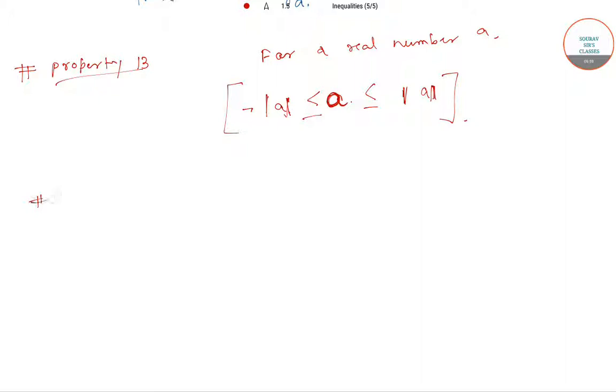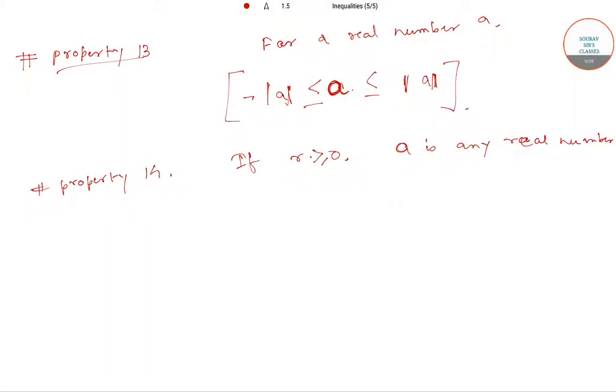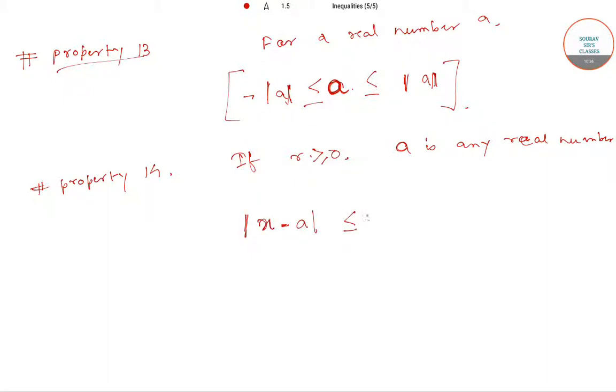Property number 14 states that if r is greater than or equal to 0 and a is any real number, then suppose mod of x minus a is less than or equal to r.